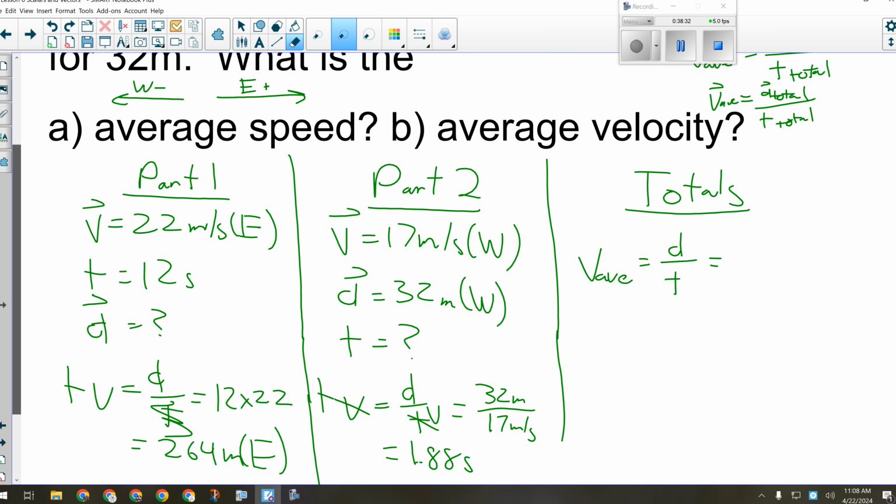All right, so to get the total distance, I just go 264 plus 32, and then for time, I go 12 plus 1.88. That's going to get me total distance and total time. So I'll have on the top 296 meters divided by 13.88 seconds.